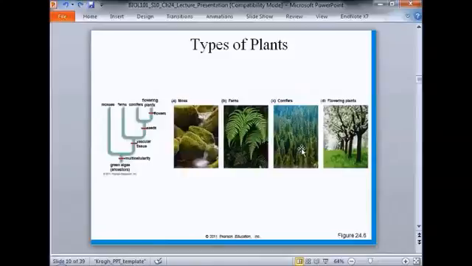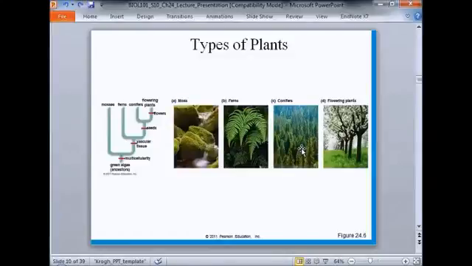But then what we're going to do is develop seeds. So now we're multicellular, we're on land, we've got a vascular system. The next thing we can do is encase our gametes, or reproductive structures, in a hard coating, a seed, that's going to enable them to travel farther, it's going to enable them to survive in a variety of environments, and we get the group of conifers.